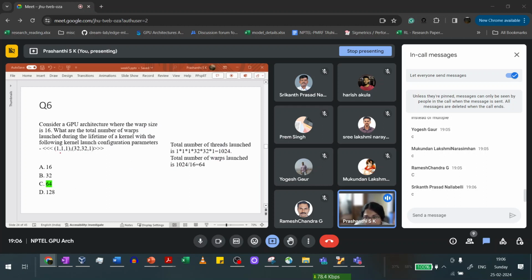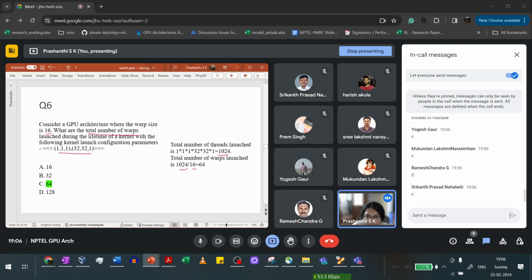The total number of threads, as you may remember from previous weeks, you get by multiplying all the parameters given here. So this comes to 1024 for this kernel. Now the warp size you're given is 16, and you're asked how many warps are launched throughout the lifetime of this kernel. Per warp you have 16 threads and the total number of threads is 1024.